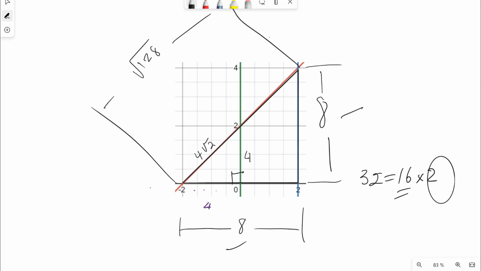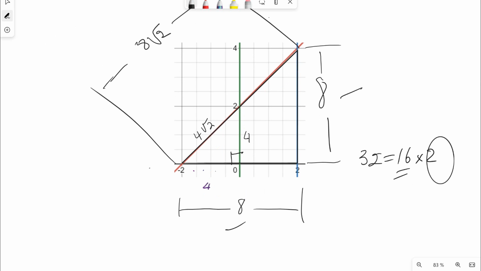And now, this 128 is 64 times 2, so you can extract the square root of 64, which is 8, and the 2 stays inside the square root, and you get a simple expression. You have all the measures here. If you divide this by this, you get 4 square root of 2 divided by 4, and then you get square root of 2.